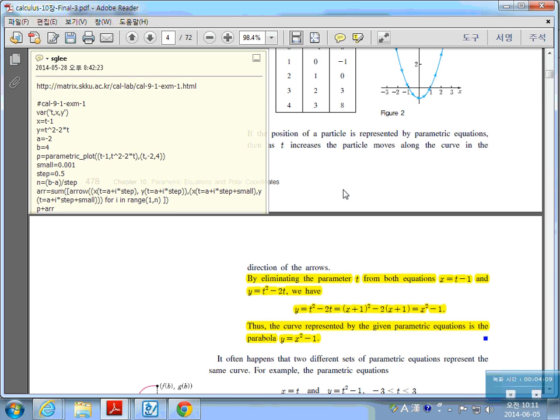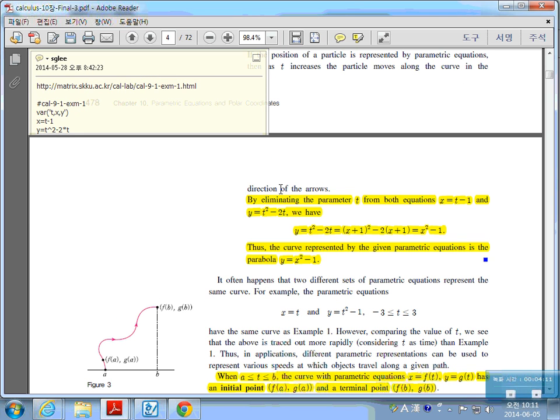For such a parametric function, we can eliminate the parameter t from both equations x and y by substitution. t squared minus 2t can be written in this way.